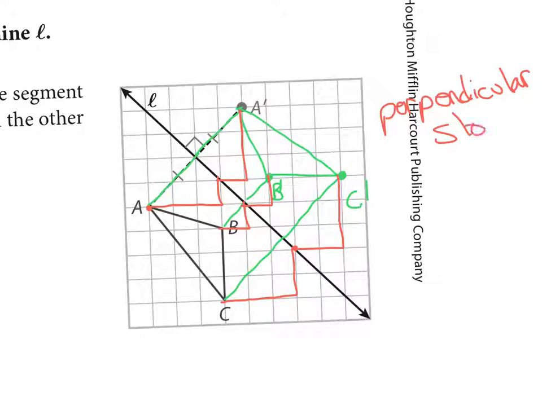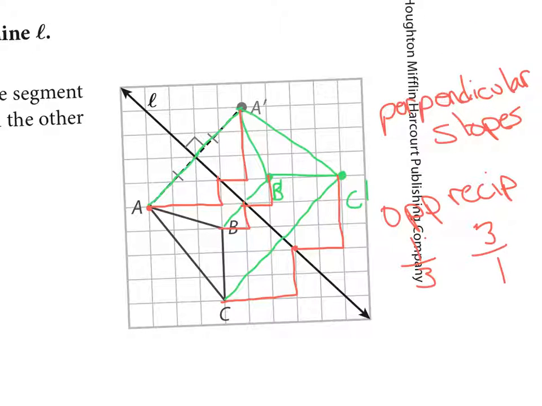They are opposite reciprocals, okay? And that's what we're doing. A was up 1 over 3, and so A prime is up 3 over 1, okay? So that's kind of how that works, or you can just, let's look at another example.